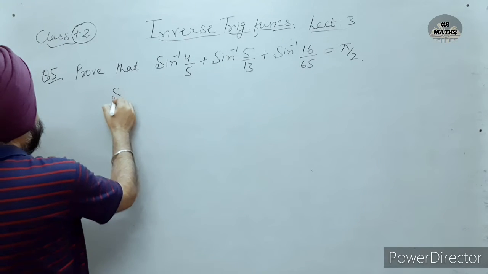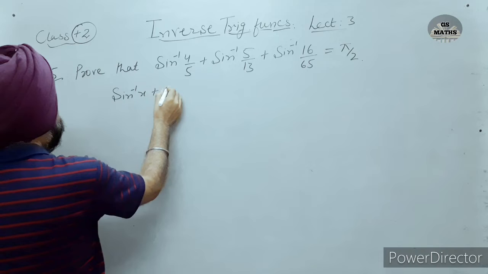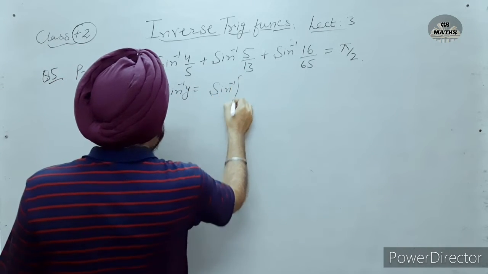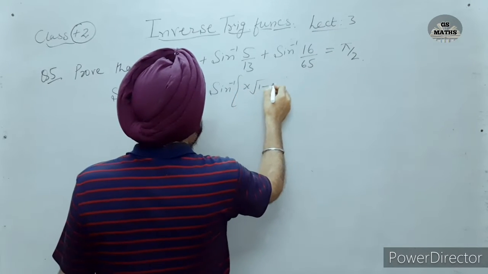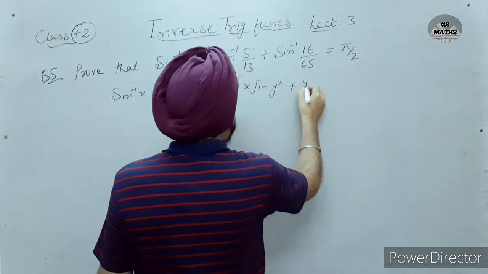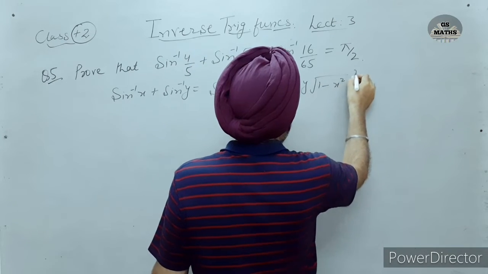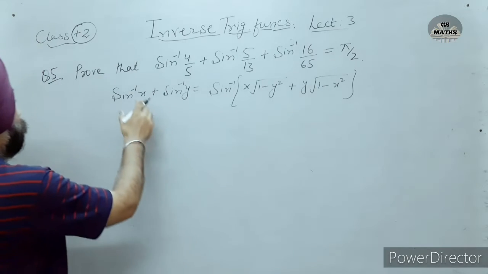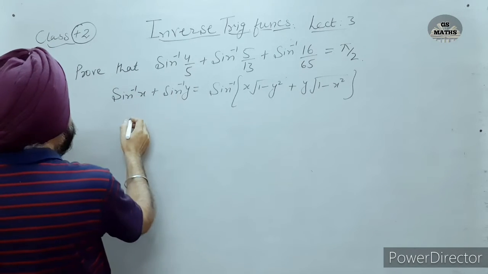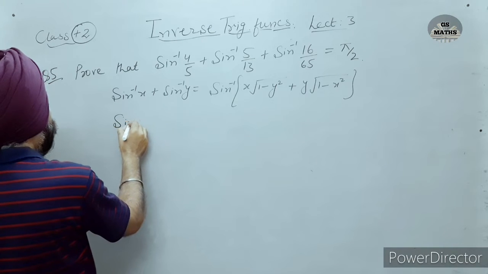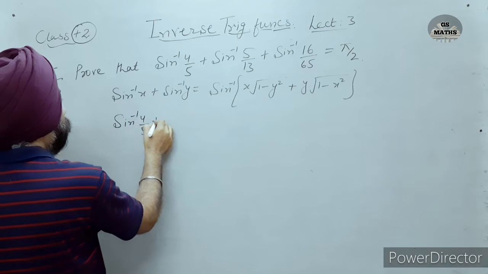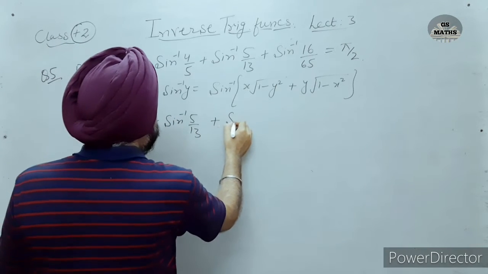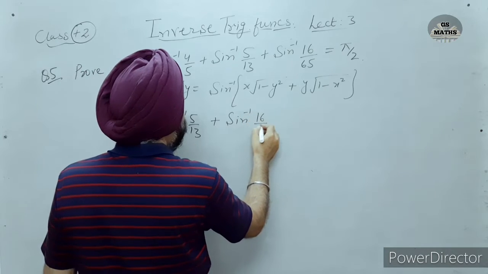Now I will use this formula: sine inverse x plus sine inverse y is equal to sine inverse of x under root 1 minus y square plus y under root 1 minus x square. I will use this property of sine inverse x plus sine inverse y. I will group the first two terms, sine inverse 4 by 5 plus sine inverse 5 by 13, plus sine inverse 16 by 65.